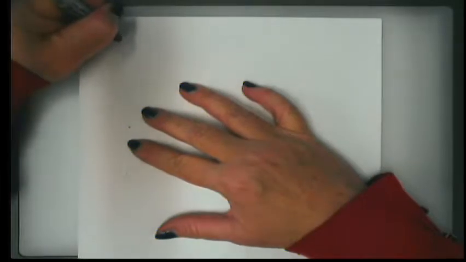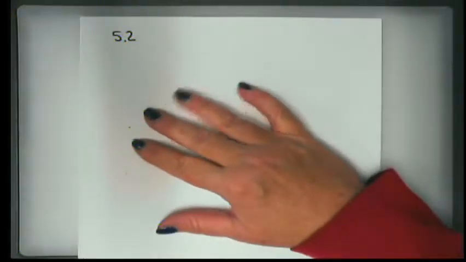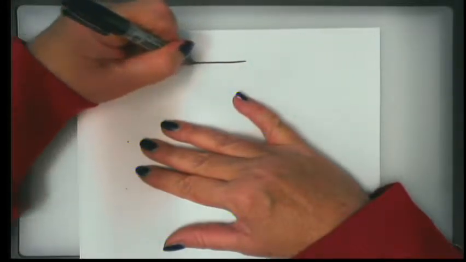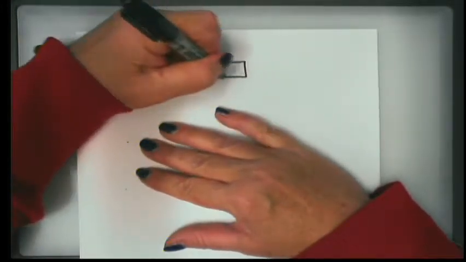All right, 5.2. I am going to draw my beam, which is simply supported.